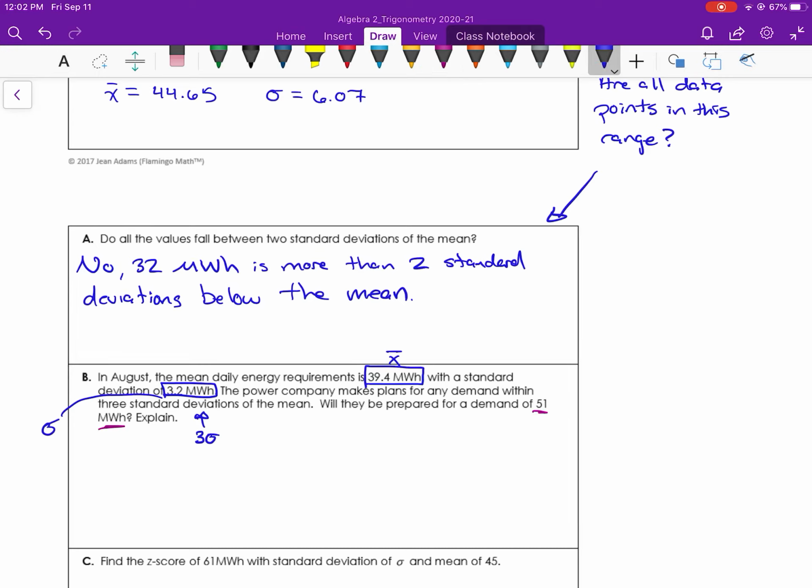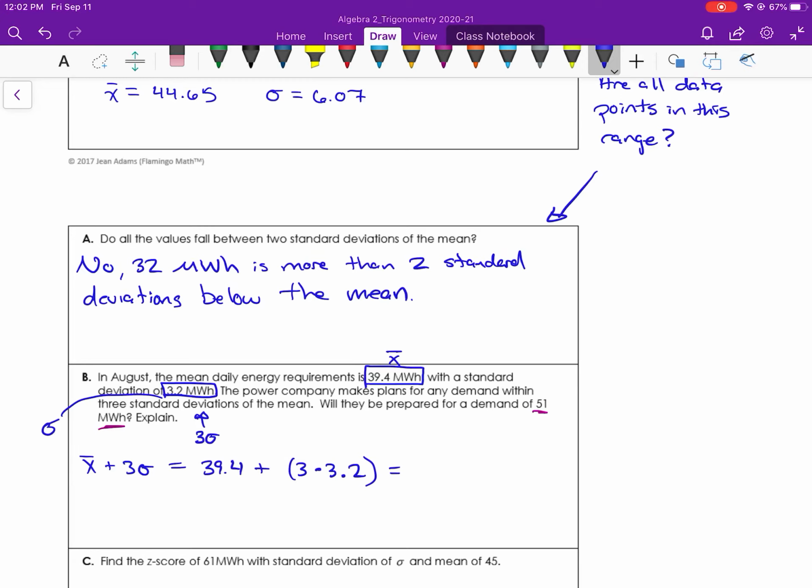So we're going to figure out 3 standard deviations above the mean. We're going to do x bar plus 3 sigma. So our mean is 39.4 plus 3 times 3.2.